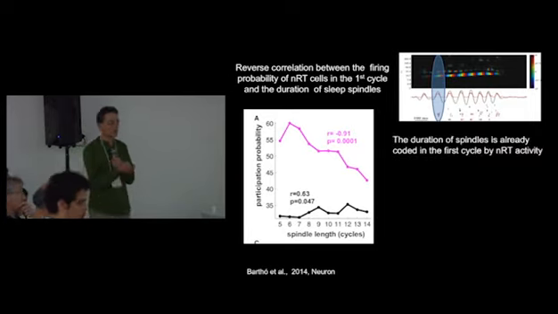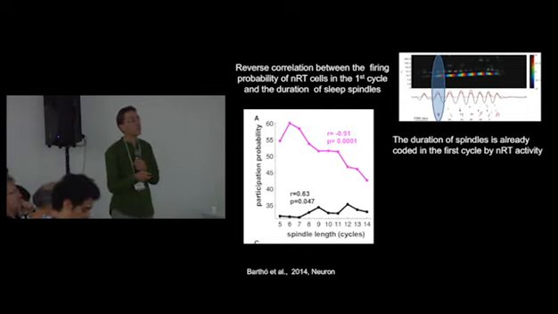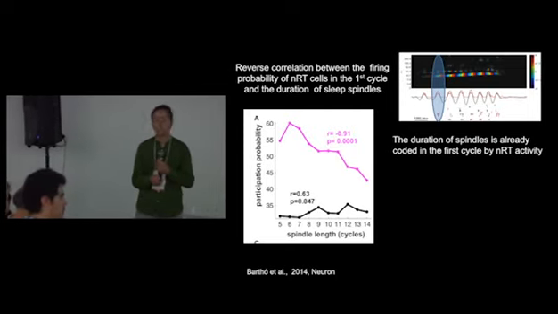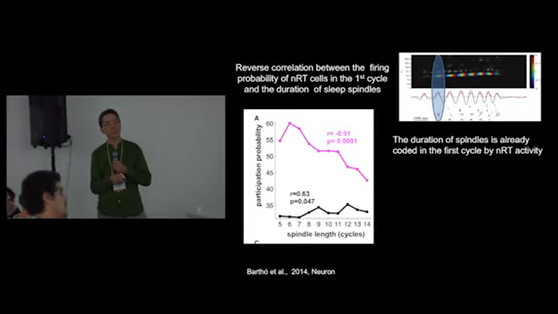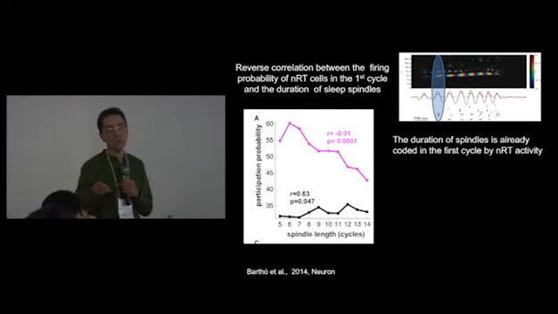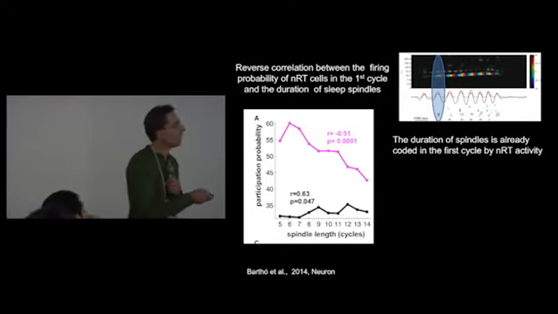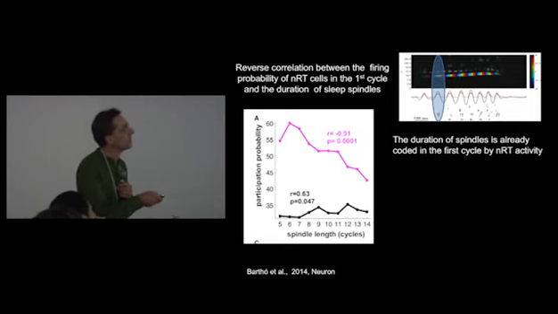Of course, this comes to an almost philosophical question, because apparently this suggests that if there is such a strong correlation between initial firing activity and the duration of a transient event, then already when the whole thing starts, the entire system knows for how long it will last.